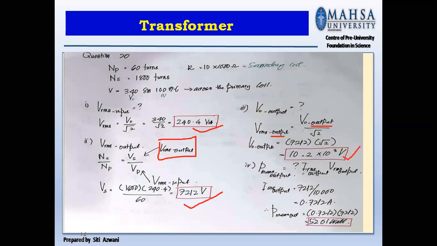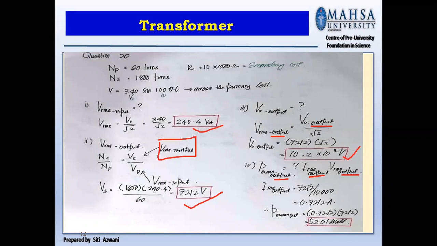Next, the mean power in the output or secondary coil. Again the terms must be output and output, so IRMS output times VRMS output gives the mean power in output.